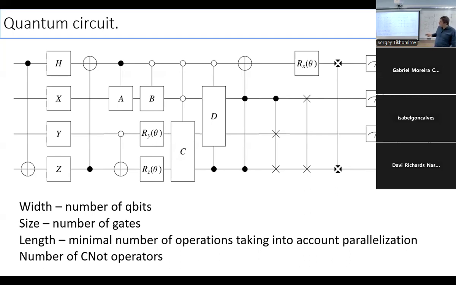But I cannot move this controlled node and put it between rotations, because to do this I need to cross that. And the length is how much it can be reduced up to parallelization. So here it is 1, 2, 3, 4, 5, 6, 7, 8, 9, 10, 11. Measurement I do not count.